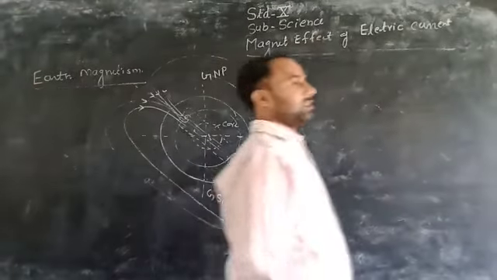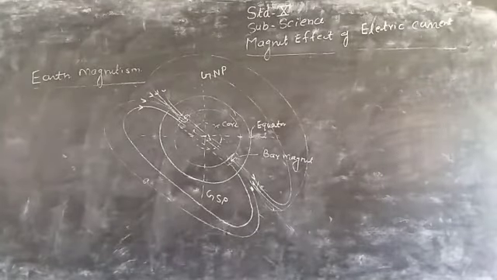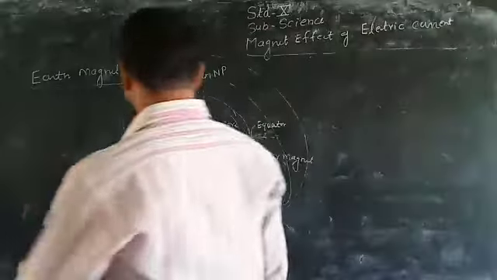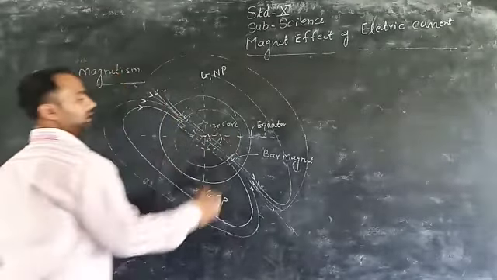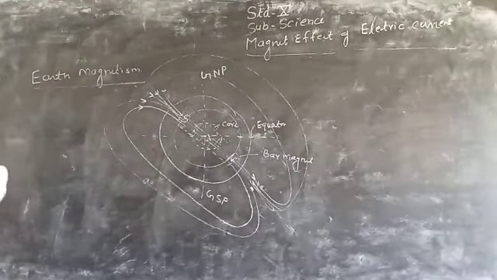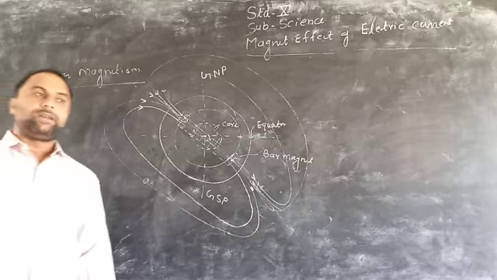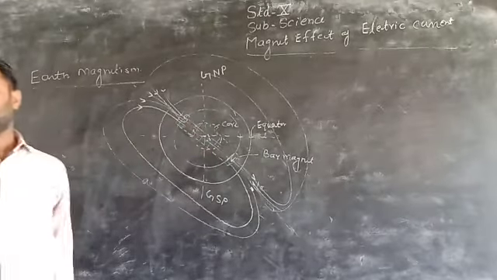There are three parts inside the earth: core, mantle and crust. The heavy metals inside the earth are iron, nickel and cobalt. These heavy metals stay inside the core part of the earth.